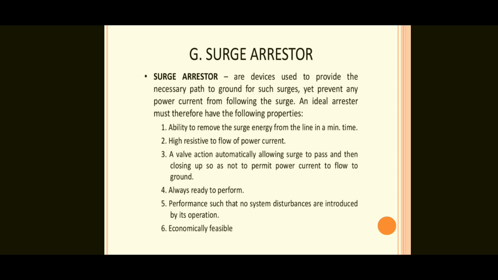An ideal arrestor must therefore have the following properties: ability to remove the surge energy from the line in a minimum time, high resistance to flow of power current, a valve action automatically allowing surge to pass and then closing up so as not to permit power current to flow to ground.